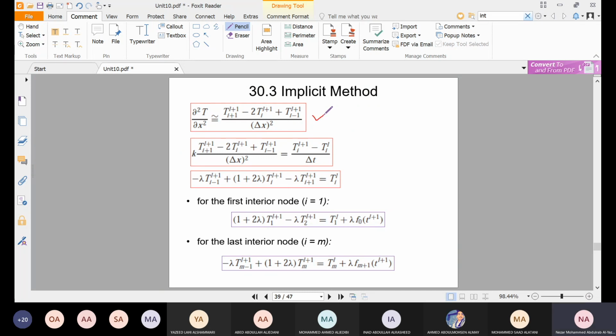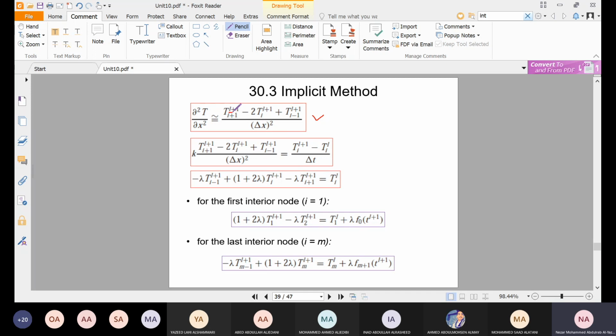If you look at the explicit, we evaluate the second derivative at time L. That means to compute the temperature, the second derivative is dependent on the temperature at time L. But in the implicit, it's dependent on the temperature at time L plus 1. That means at future time.